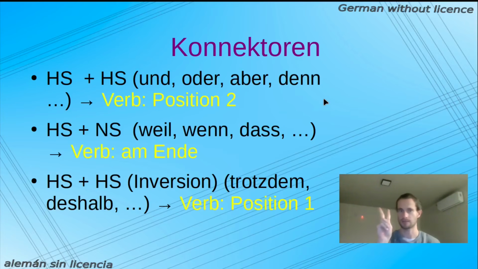Verb stays at the second position. The second group is the subordinate clause group. In that case, the verb is at the end of the position. Examples are weil or wenn. And we have the third group. In that case, you have the verb at the first position. Okay, so in that case, you have to apply the inversion, verb at the first position. Examples are trotzdem or deshalb.